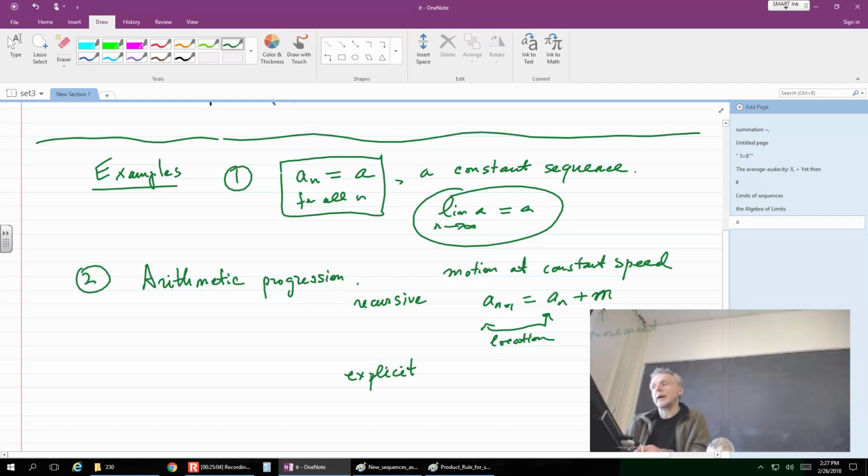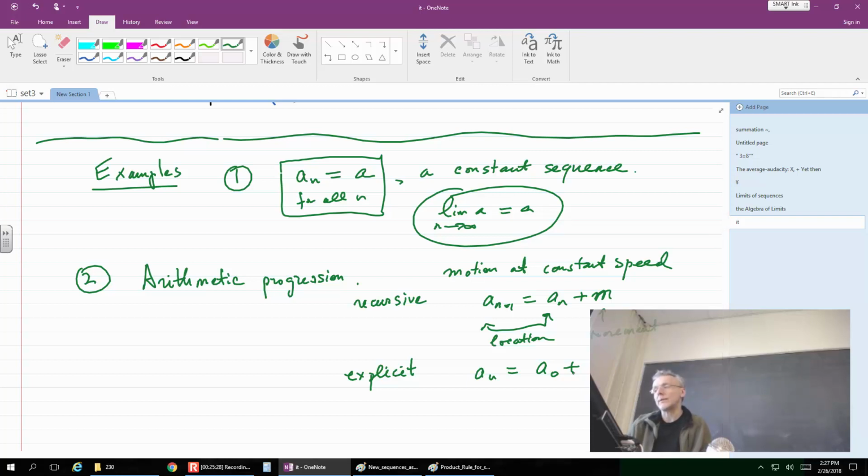The explicit formula, where a_n is equal to, it depends on what the starting point is. So the starting point is, say, a naught, meaning the 0th entry in the sequence, and it's followed by a formula that depends on n.